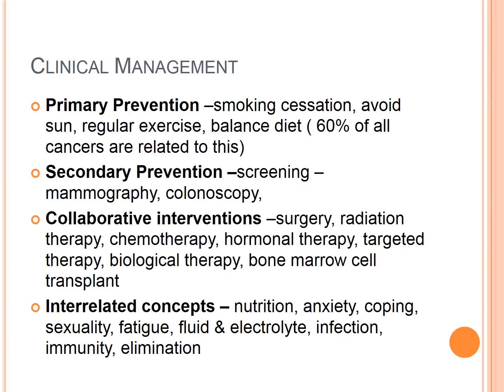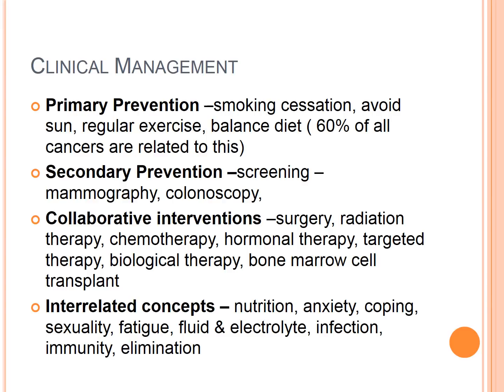Regular exercise. They do recommend that daily exercise will help to keep all of the cells normal within your body. Everything is optimized when you are exercising regularly. And also a balanced diet.